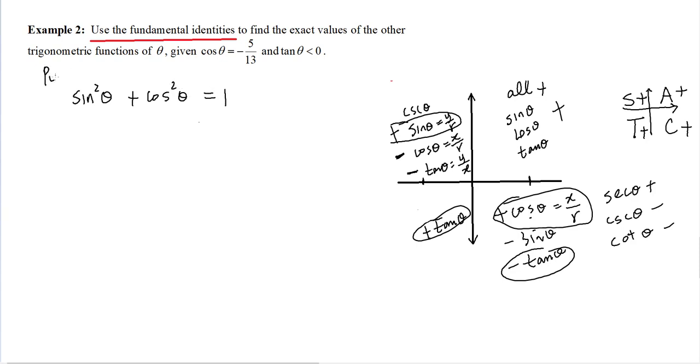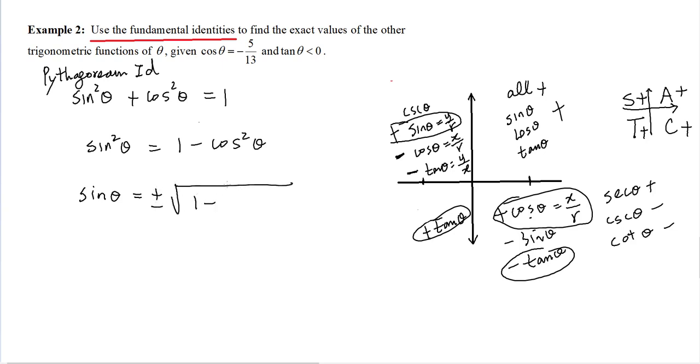That's an important identity. That means sine squared theta, by subtracting cosine squared theta to the other side, is 1 minus cosine squared theta, which means sine theta is plus or minus the square root of 1 minus cosine squared theta.